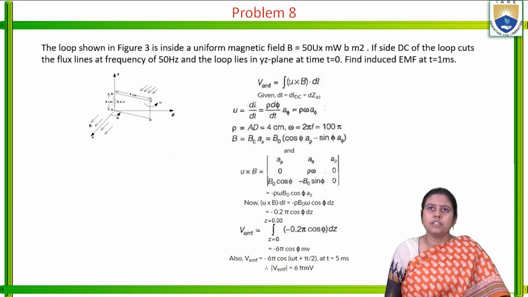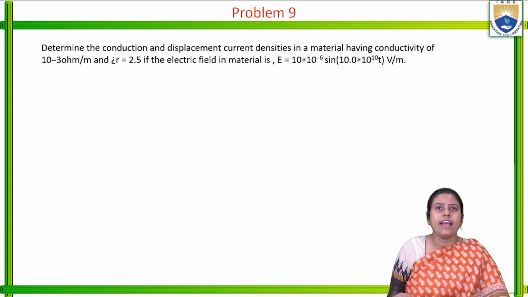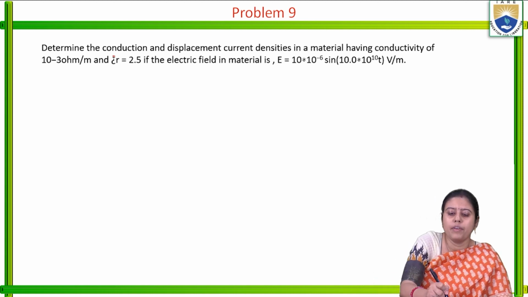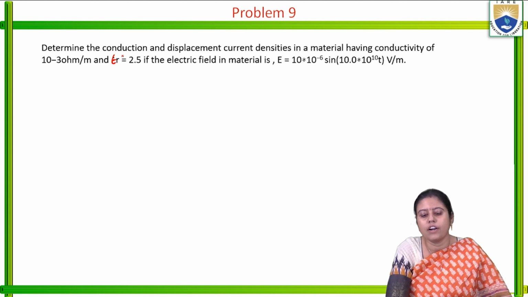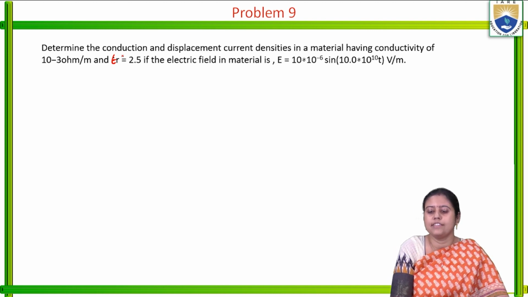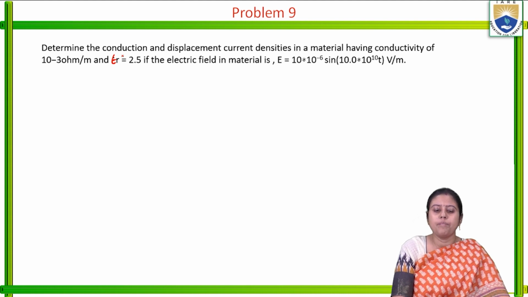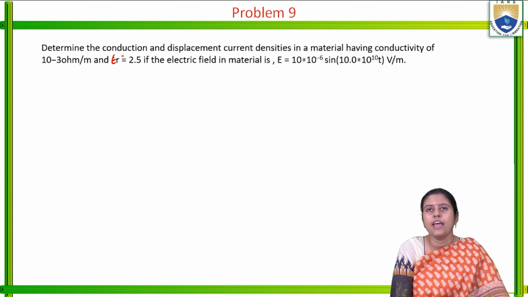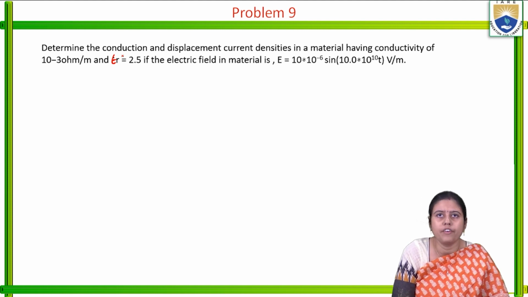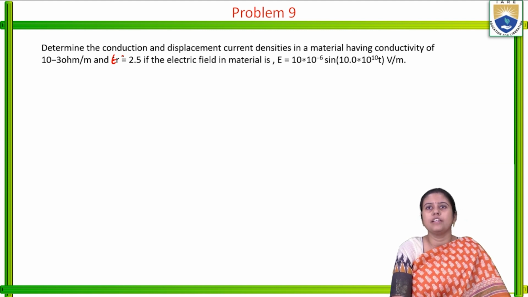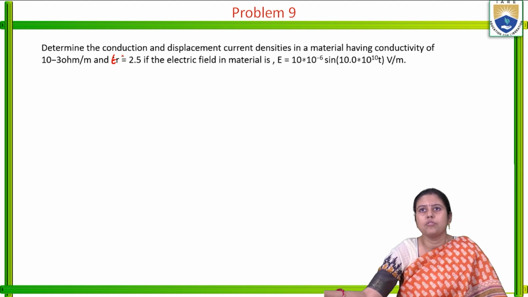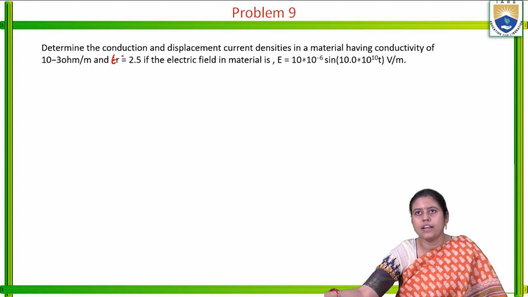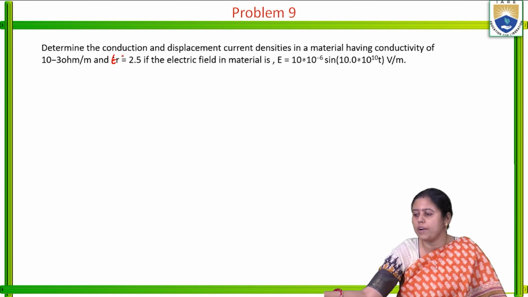Next, we will discuss problem number 9. So, what is in problem number 9? Determine the conduction and displacement current densities in a material having a conductivity of 10 to the power minus 3 ohm per meter, epsilon R is equal to 2.5, if the electric field in the material is 10 into 10 to the power minus 6 sine 10 to the power 10t volt per meter.